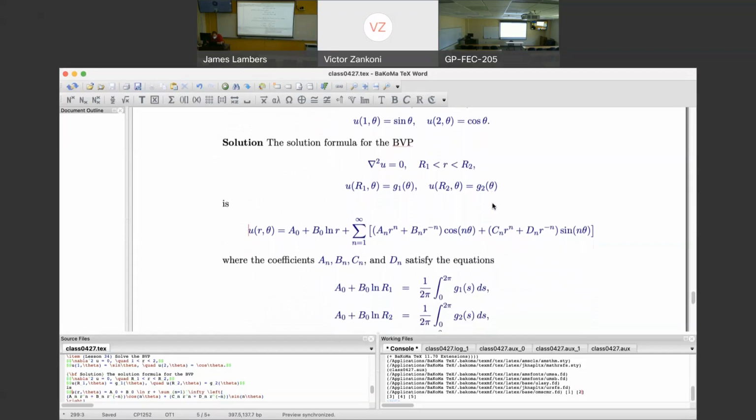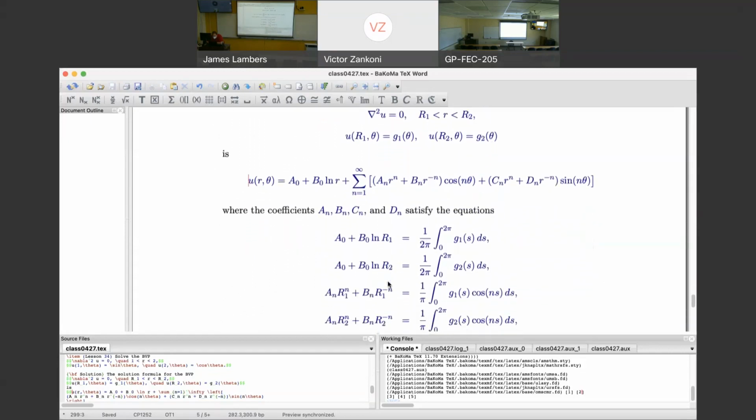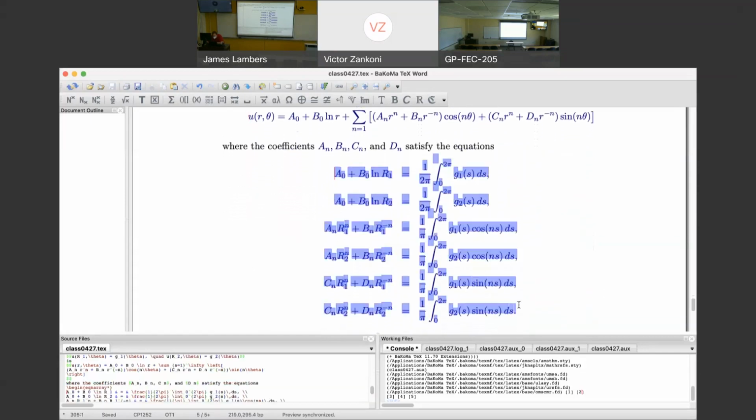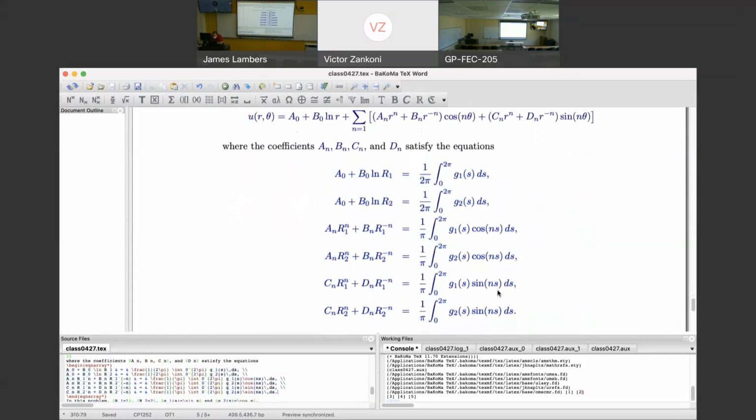Now, in general, this is the system of equations that all of your coefficients, A_n, B_n, C_n, D_n, have to solve. So you have this one set up for the n equals 0 case, for whatever portion of your boundary data has either a constant term or a natural log term.